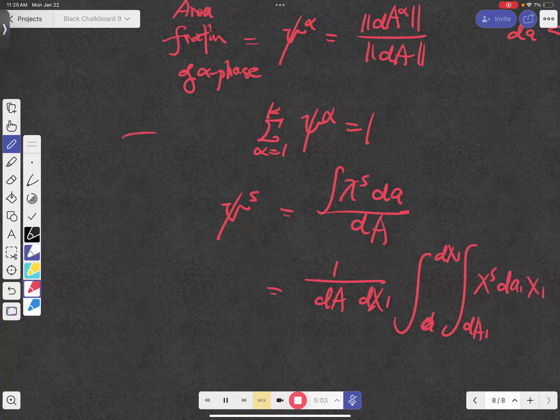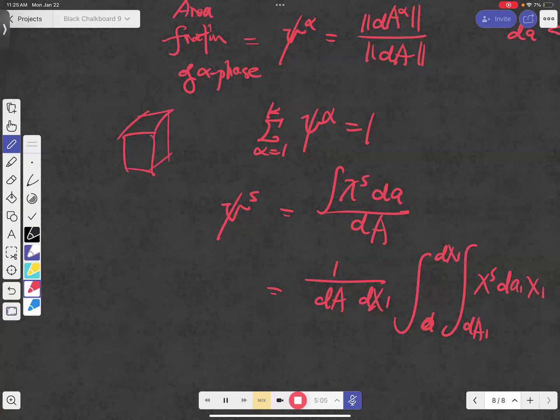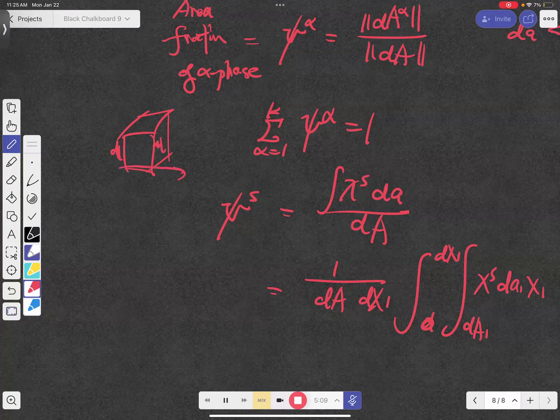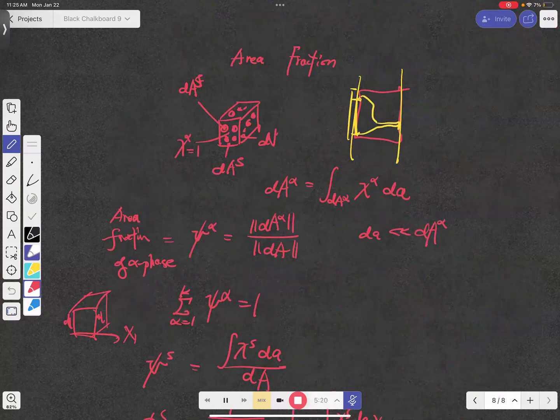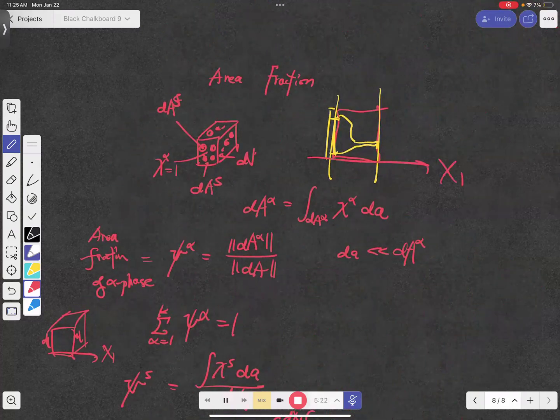So this is actually dA, the dA area. If I integrate along the x1 line, I will get this term, and that will be the porosity. Okay, so far so good. Just like this figure, this would be the x1.